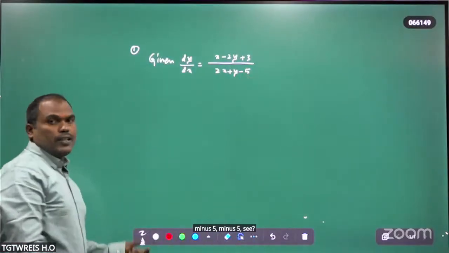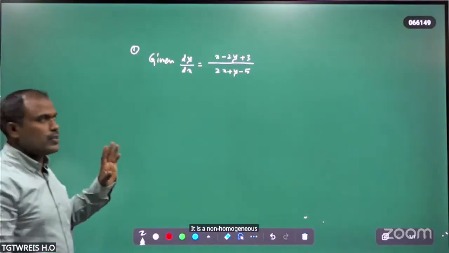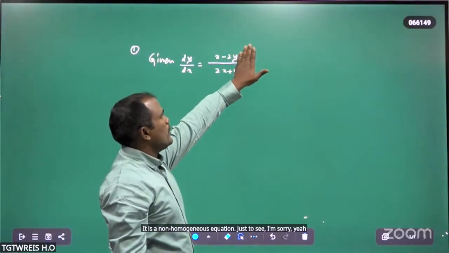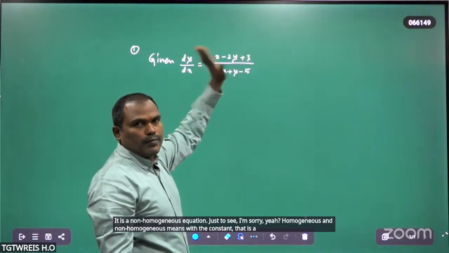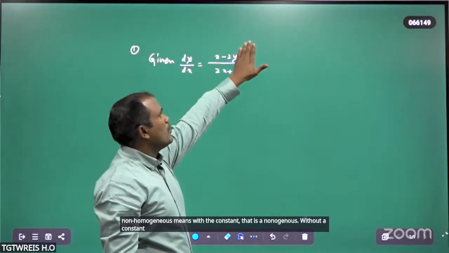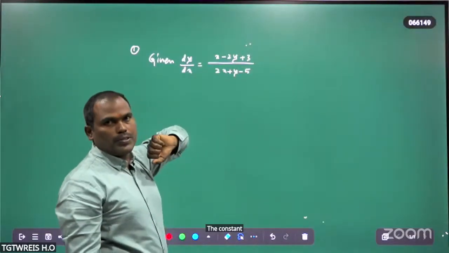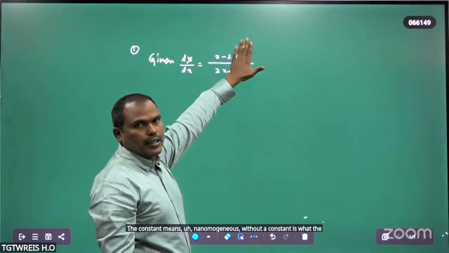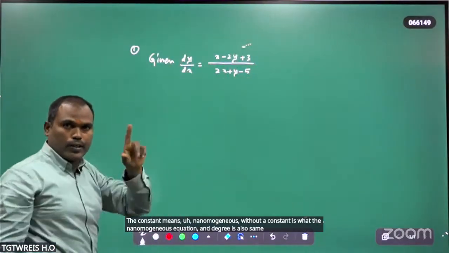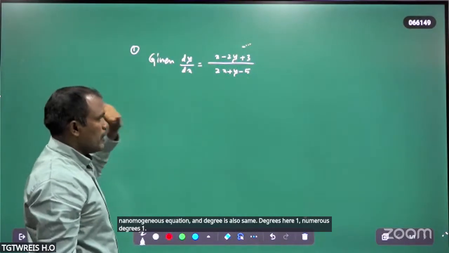See, it is a non-homogeneous equation. Observe here: homogeneous means without a constant, and with a constant means non-homogeneous. The degree is also the same: the numerator degree is 1 and the denominator degree is also 1.